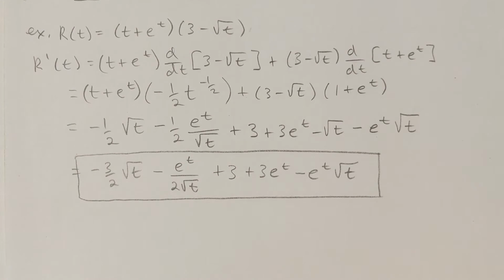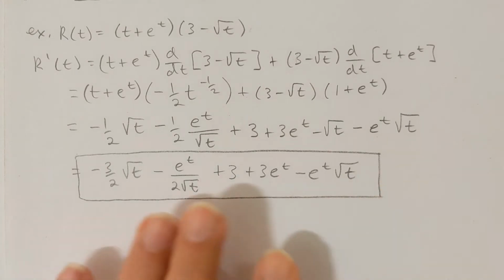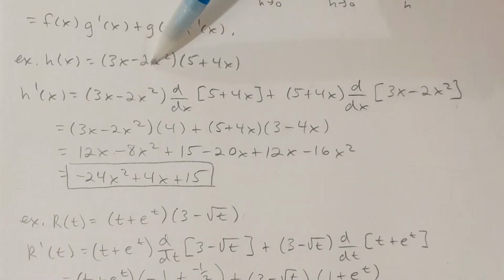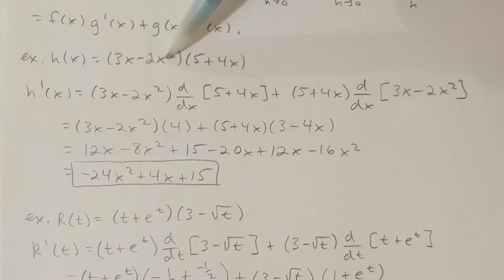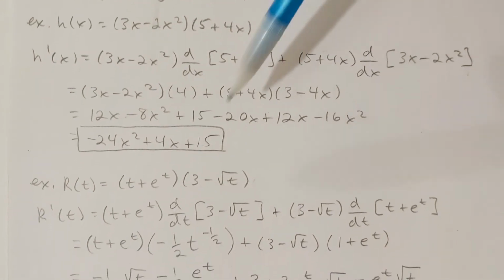Okay, here's another example. Suppose that we have the function r of t. r of t is a product, so that suggests that I would want to consider using the product rule. Sometimes if you have a product, you don't have to use the product rule, like you're not forced to do that, but sometimes you will have to.